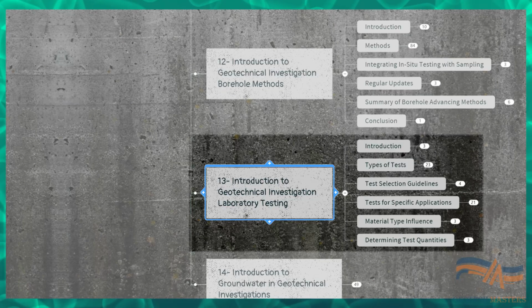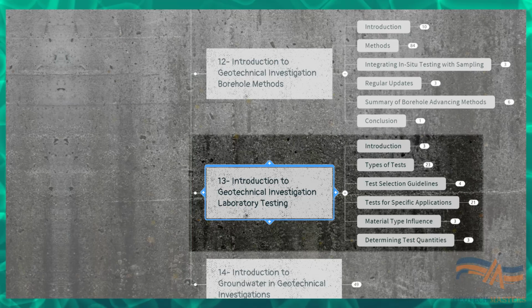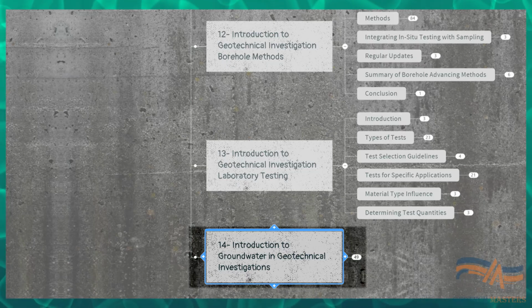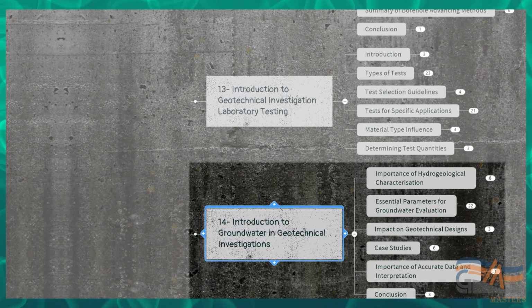We'll move into the lab, exploring the role of laboratory testing, the difference between index and performance tests, and how to select the correct tests for our projects. Episode 14, Introduction to Groundwater. Finally, we'll address the critical role of groundwater in geotechnical investigations, understanding its impact on analysis and design, and the essential parameters we need to evaluate.